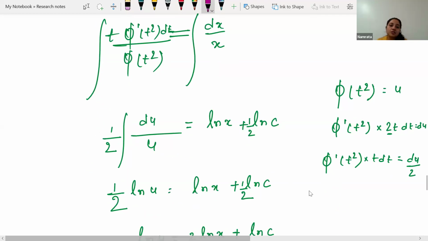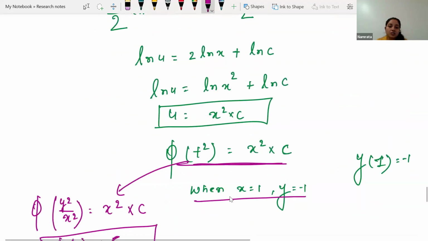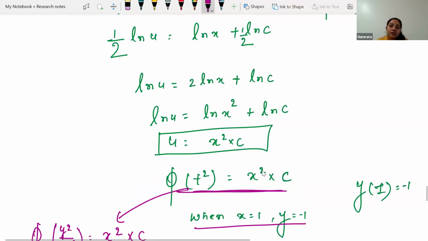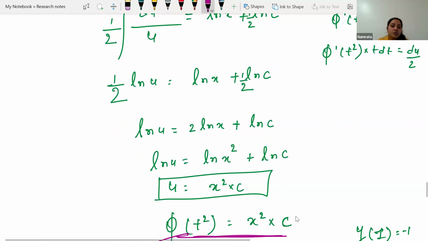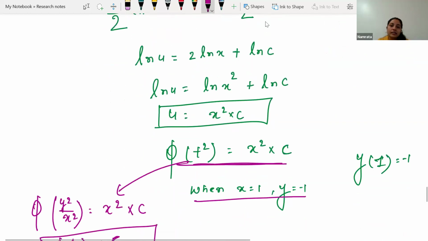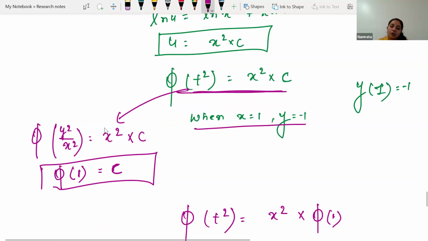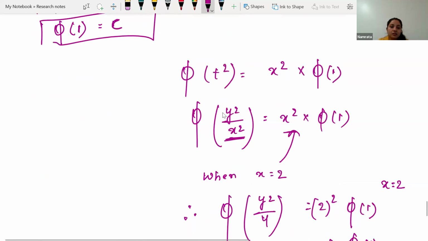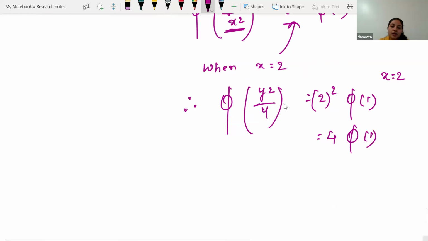After that we are finding, according to the given condition, x is equal to 1, y is equal to -1, the constant of integration. Instead of ln c, if you had taken only c, you would have reached the same answer. So this is what we are getting as c, and then substituting c and getting our answer.